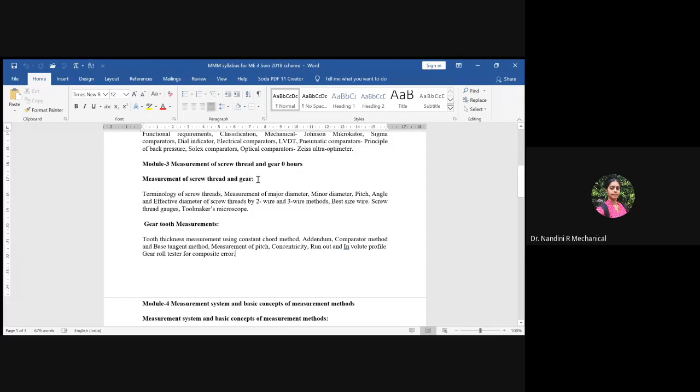One is the measurement of screw thread and gear. Another one is the gear tooth measurements. So anything related to this could be asked.